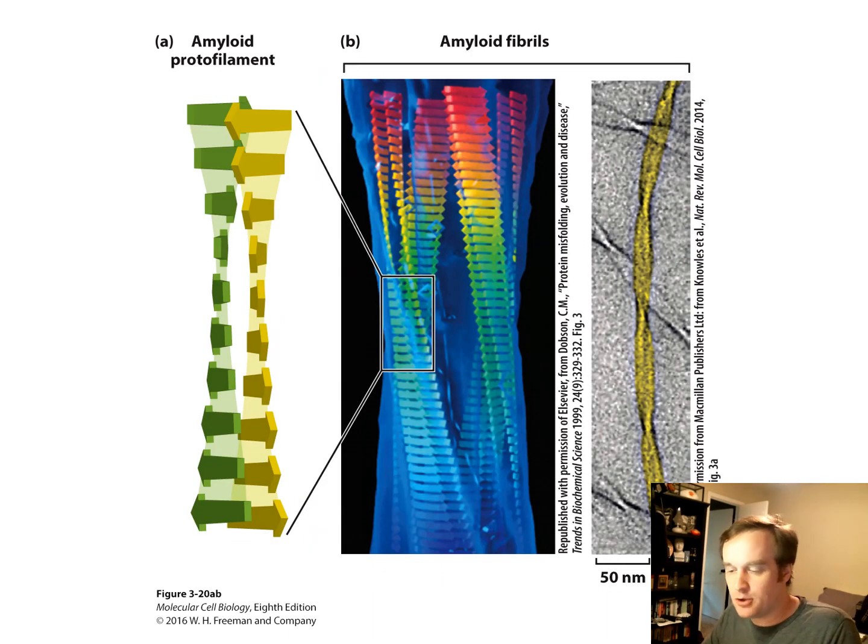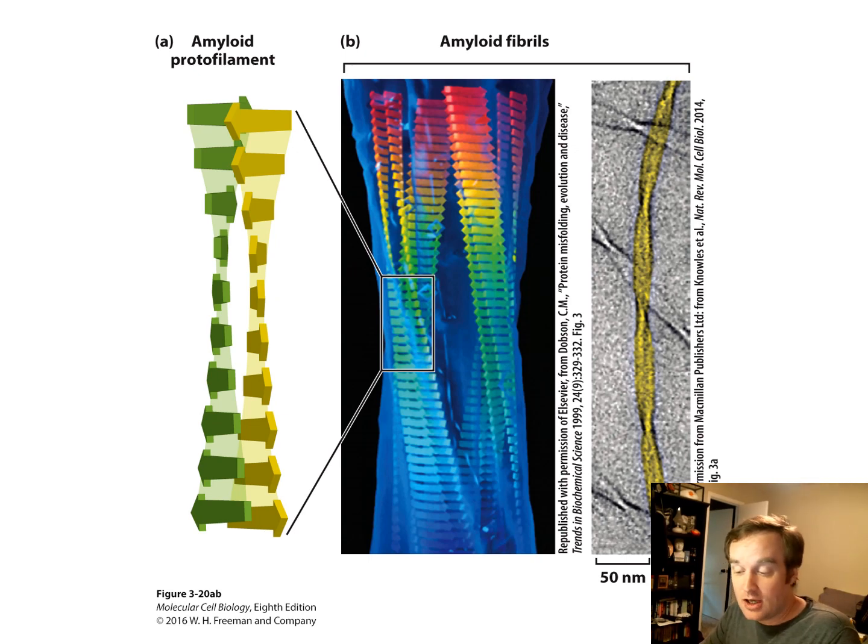So misfolded proteins or proteolytic fragments, so pieces of proteins, can accumulate as aggregates or plaques inside or outside cells. And so this leads to some disorders and diseases. These aggregates can occur between bones, within the liver, and also within the brain.